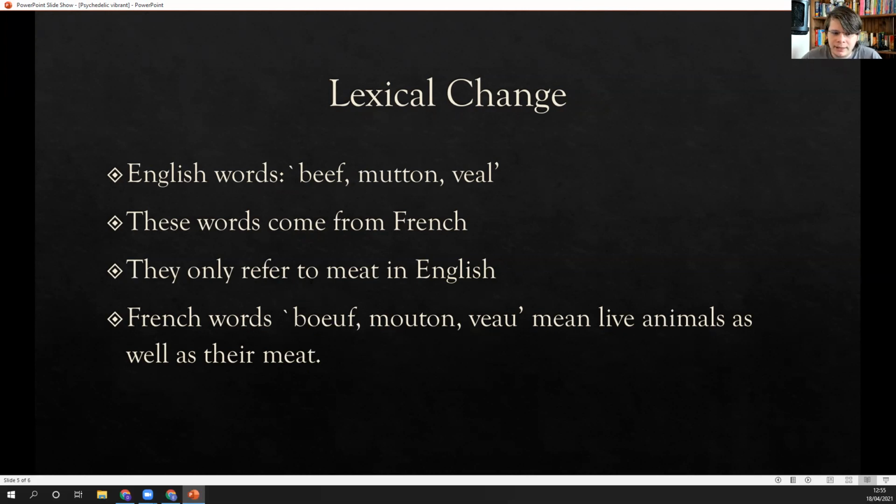Now, this is an interesting case because it's a case of what we call linguistic borrowing. What do we mean by linguistic borrowing? I actually have another video about this on my channel. Linguistic borrowing is kind of a strange term because the language they get the word from doesn't plan on getting it back. So it's not like borrowing money or borrowing somebody's notes or borrowing somebody's computer or something. We don't plan on giving it back.